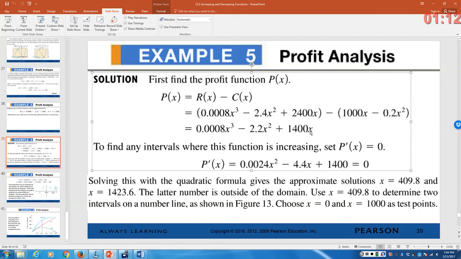And since we're analyzing profit, what do you think we're interested in? This is your computer manufacturing company. What do you want to know? That's right. I want to know when I'm going to make the most money. I need to know what the maximum profit's going to be. So I'm going to take the derivative of that function and set it equal to 0.